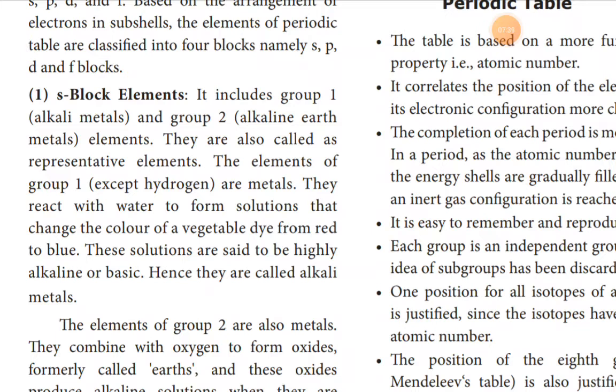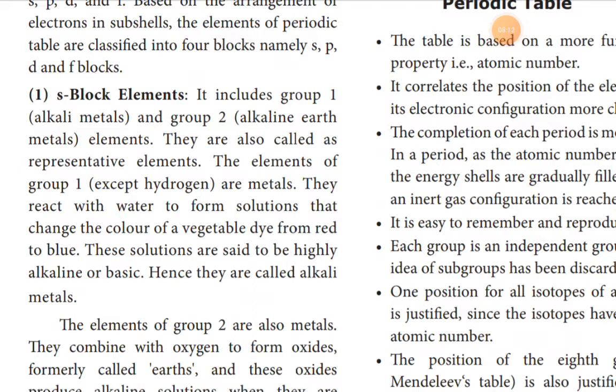When a solution turns blue litmus to red, we can confirm the solution is acidic in nature. But these metals, when they react with water, give a basic solution which turns red litmus to blue. So they are bases, or alkali metals. Alkali means bases which readily dissolve in water. So group 1 elements are called alkali metals, which are in the s block.